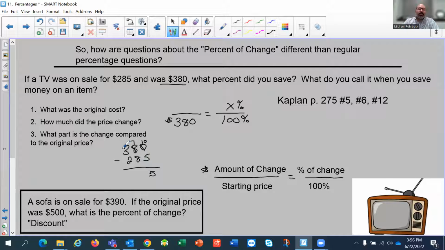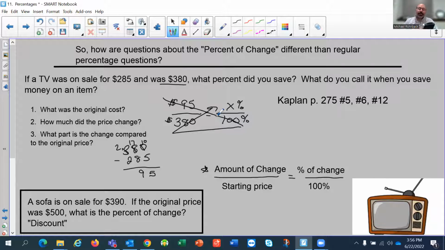So you're going to have 5. You're going to borrow again to 17, 9, 0. The change is $95. That's what's tricky about these questions. Other than that, they're easy. So the amount it changed was $95. Once you have these three, again, cross multiply, 95 times 100, divide by 380, get your answer.